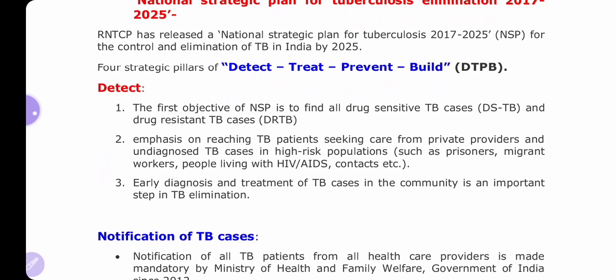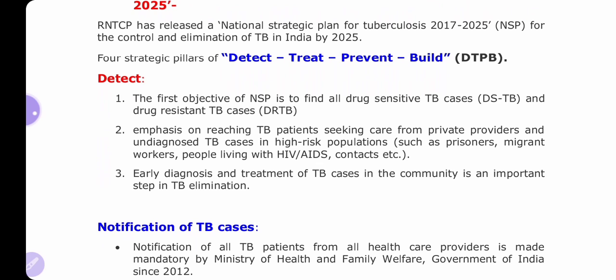In the first pillar, detect, the objective was to find all drug sensitive and drug resistant TB cases, with emphasis on reaching TB patients seeking care from private providers and undiagnosed TB cases in high risk populations like prisoners, migrant workers, people living with HIV/AIDS and contacts.